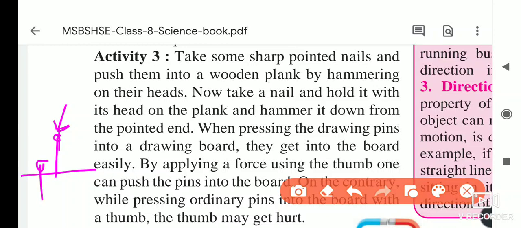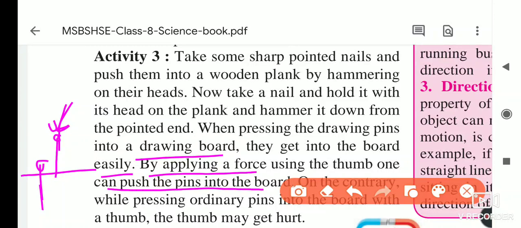So when we press drawing pins into the drawing board, they get into the board easily. We are applying force from this point, so they get pressed inside the drawing board. By applying force using a thumb, one can push the pins into the board.